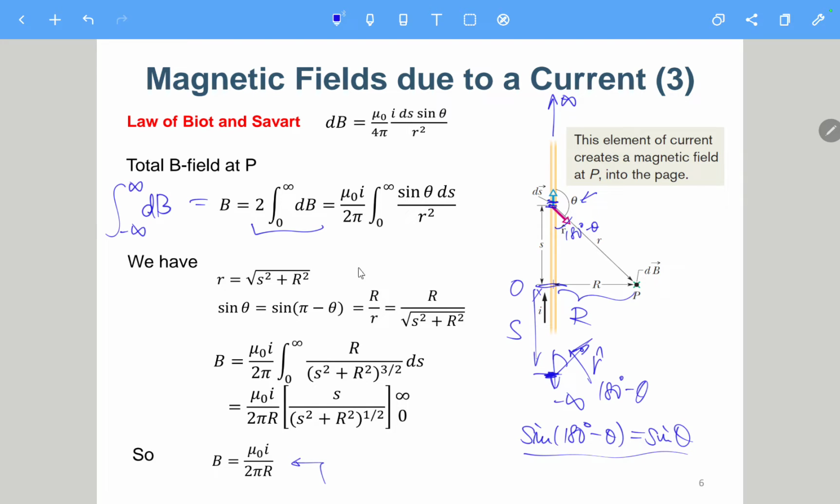Okay, so from here to here, outside part will be the same, and then here sine of theta is this one, and then r squared will be this one square, which means we have a one order and then 1/2 order, so we altogether have 3/2 order in the denominator, and then this is a constant.